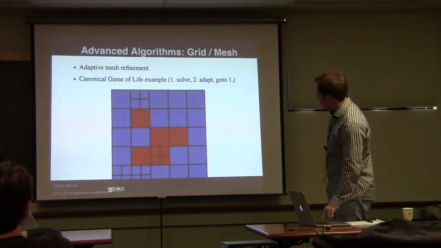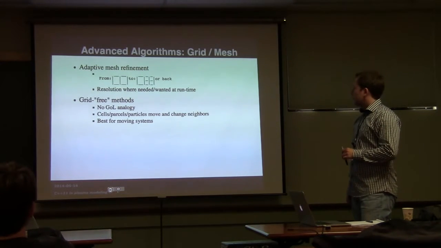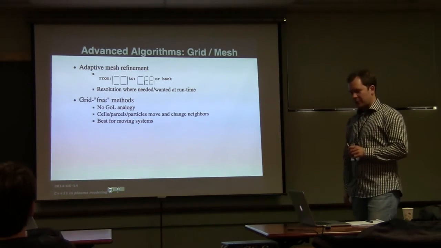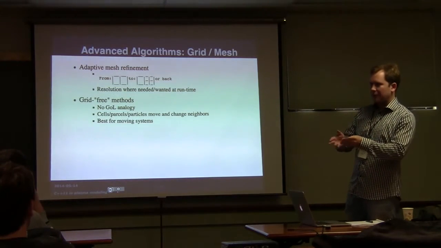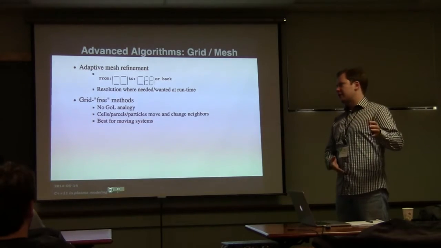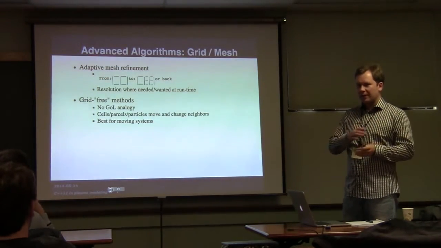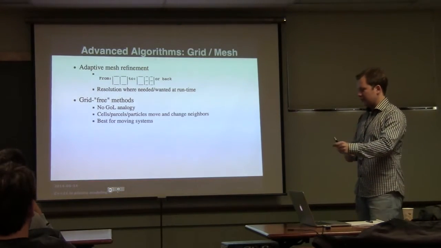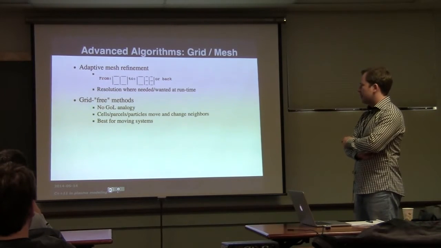And so with AMR you can put resolution where needed or where you want it. So if you have a big system and you're interested in only some small part, then you can model the entire system, so have a consistent boundary or behavior on global scale, and then really good resolution somewhere where something interesting is happening.